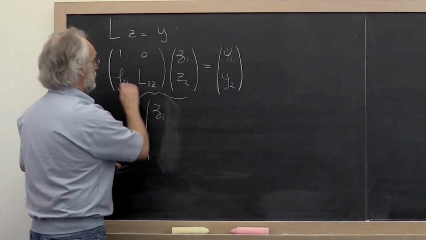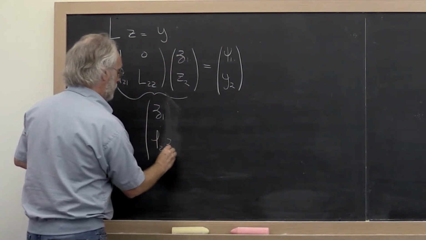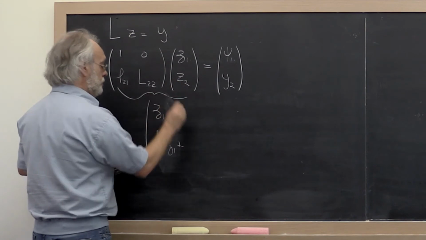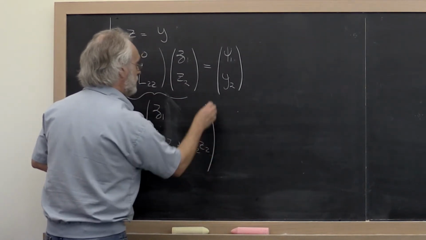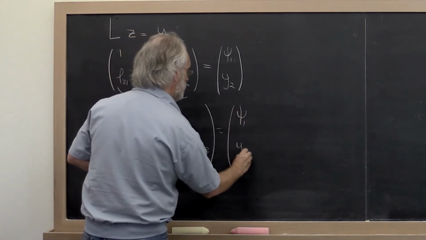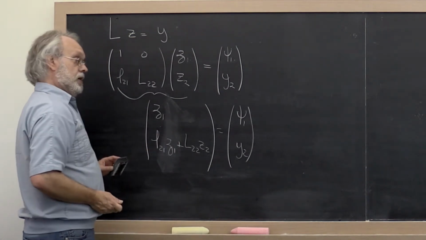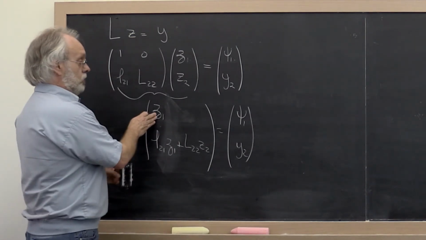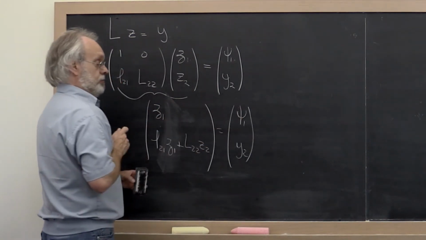Down here we get L21 times zeta1 plus L22 times z2. And that, notice, is equal to psi1, y2. And that's it. So now we know that zeta1 is just psi1.